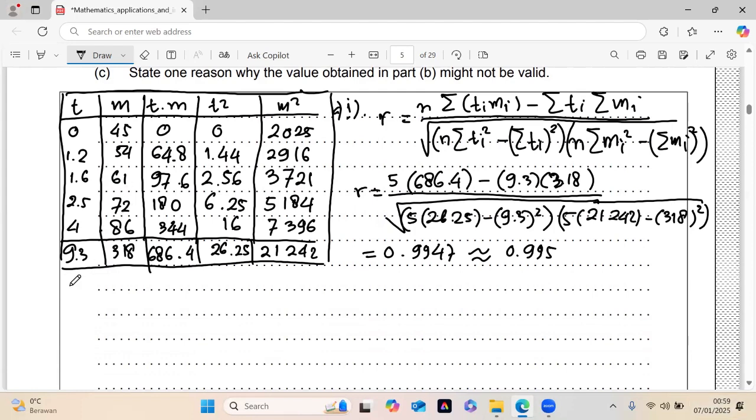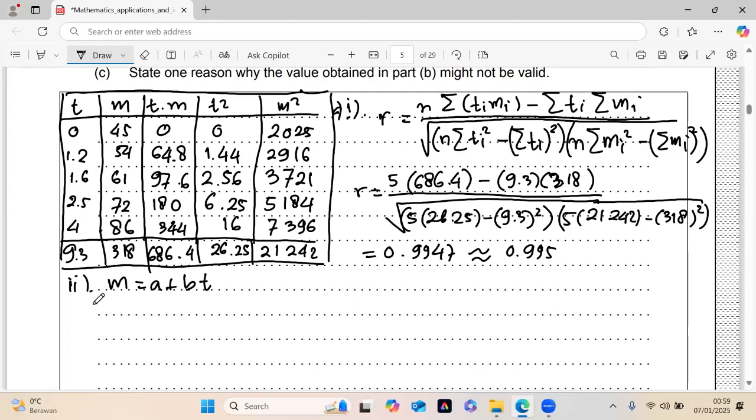Okay. So we will use the formula M equals A plus BT. A is the intercept, B is the slope or gradient of the line.